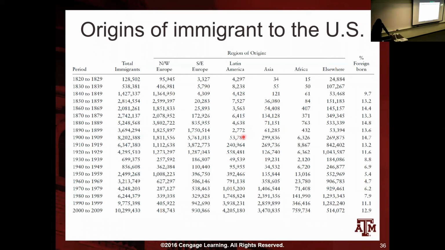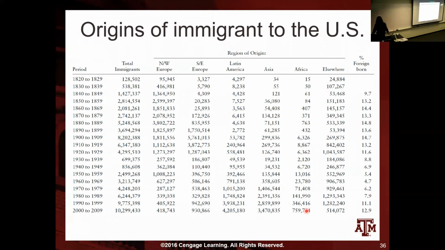In more recent decades, the numbers of immigrants coming from Latin America started to increase and are now higher than immigrants coming from Europe. The same with Asia, more people coming from Asia than from Europe. The overall numbers of Africans coming to the US are also increasing over time, a lot in these last decades, right?